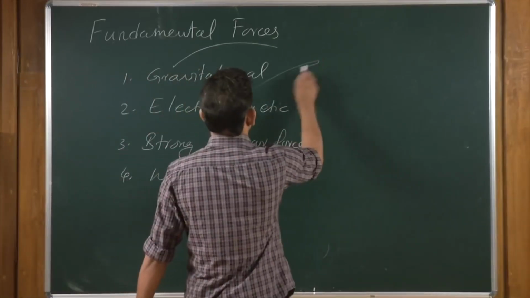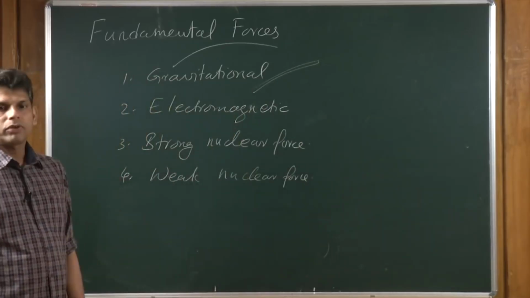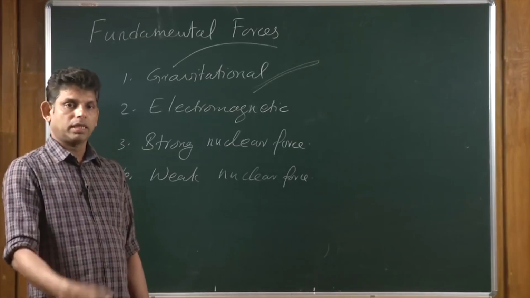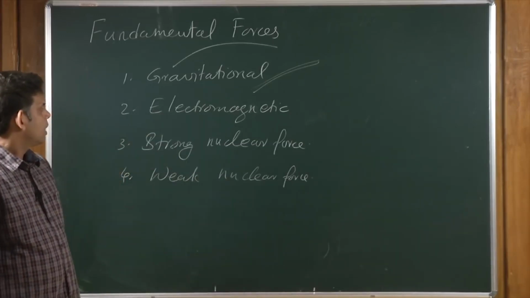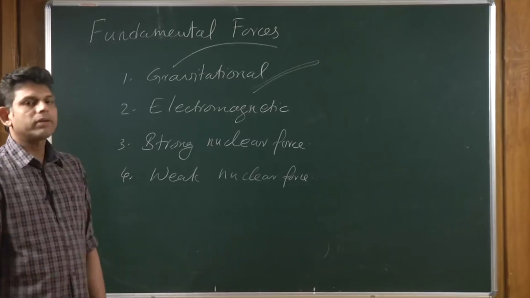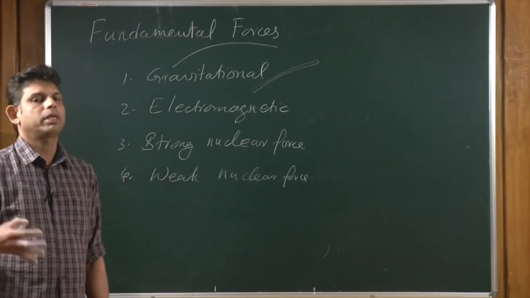Gravitational force, we already saw, is too small compared to the electromagnetic force, and strong force has to be larger than the electromagnetic force, and weak force comes in between. So the gravitational force has not much of a role to play in the dynamics of elementary particles.